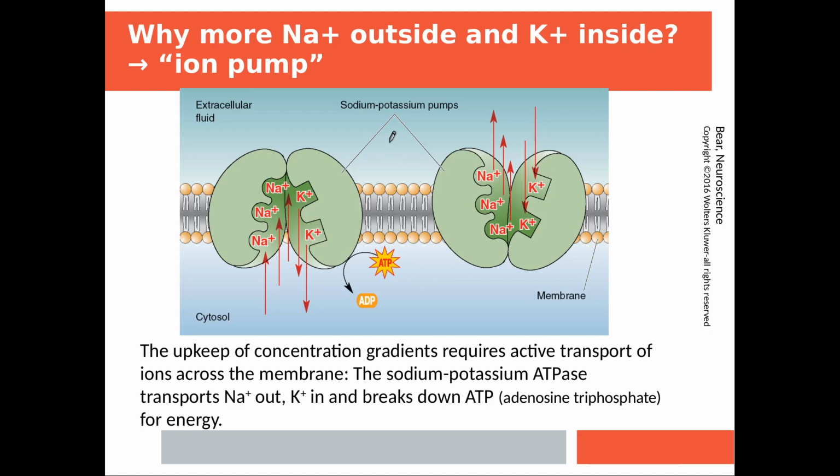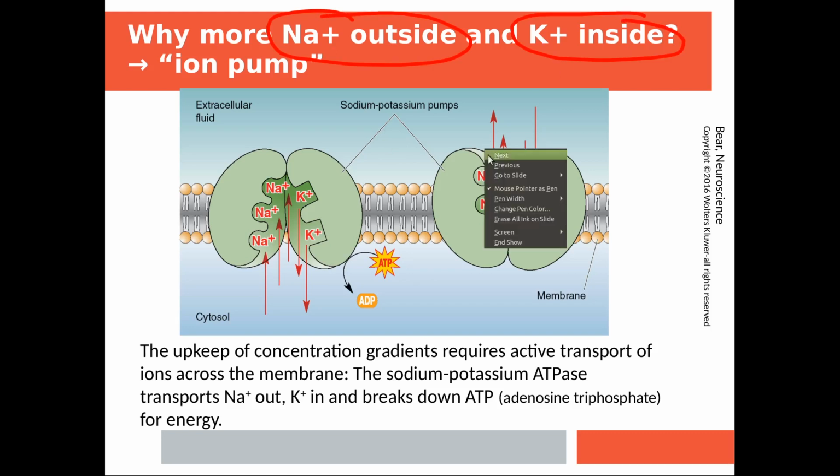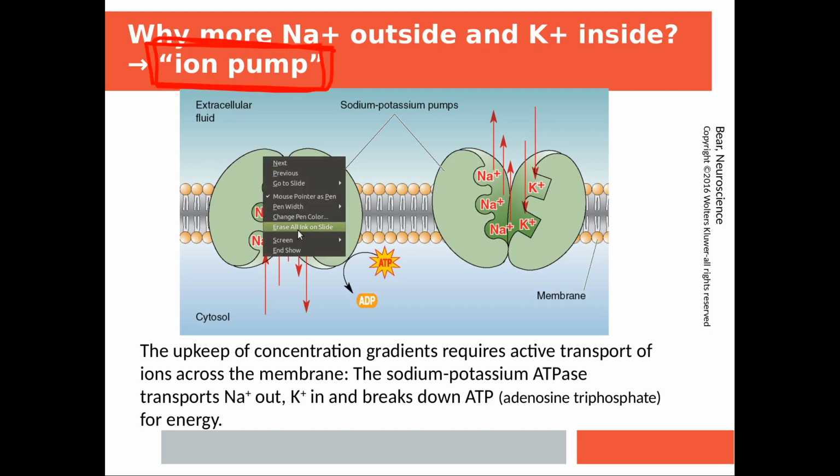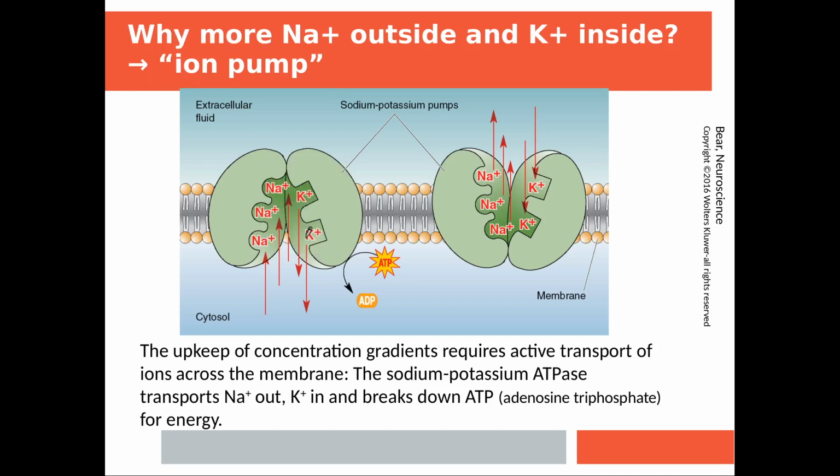So I mentioned, why would more sodium be outside and potassium be inside? They're both positively charged, the same amount. I mean, they have slightly different molecular weights, but why would it be different? Well, the cells actually have an ion pump to force this to happen. They make it happen.